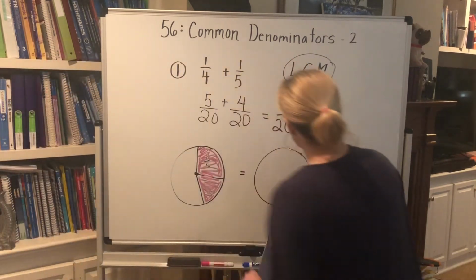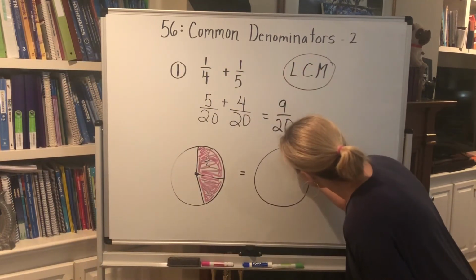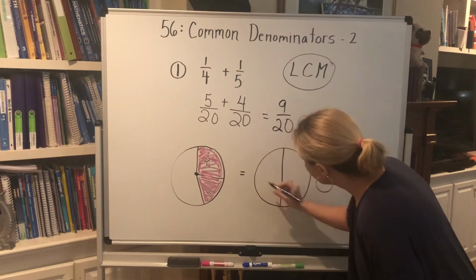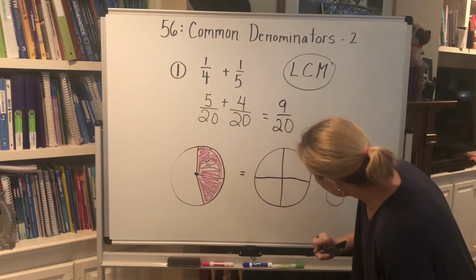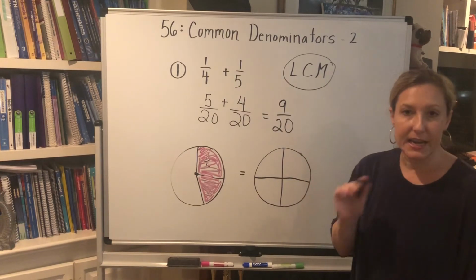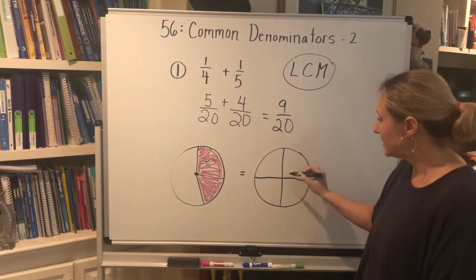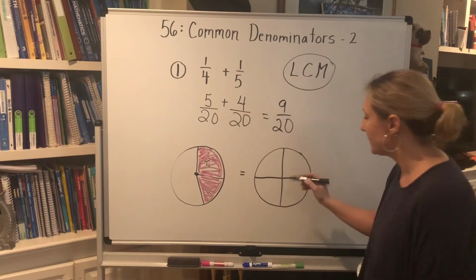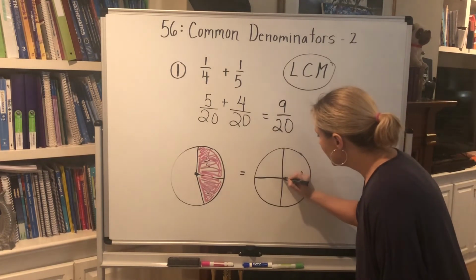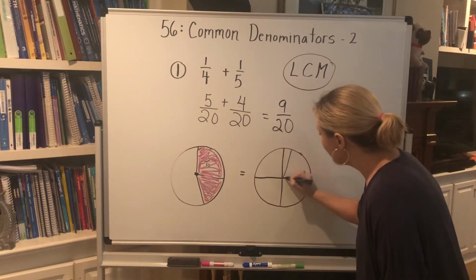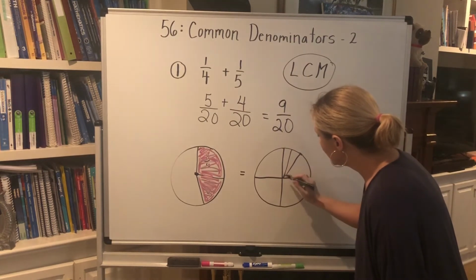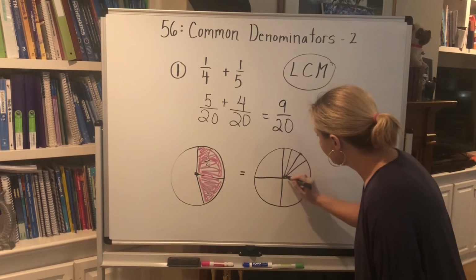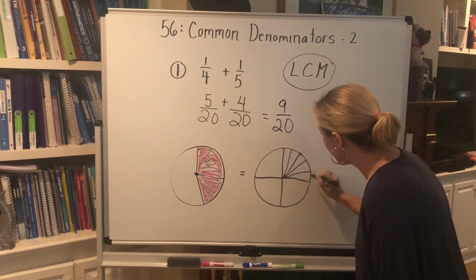So, in order to make sure I get 9/20, I'm going to divide my circle into 4 equal quarters, and divide each quarter into 5 parts, since 4 times 5 is 20 pieces, okay? So, 1, 2, 3, 4, 5 pieces.